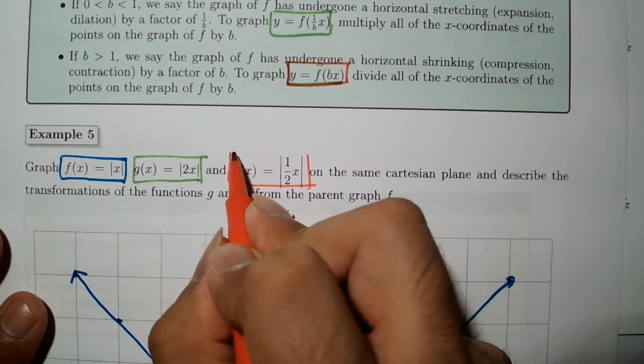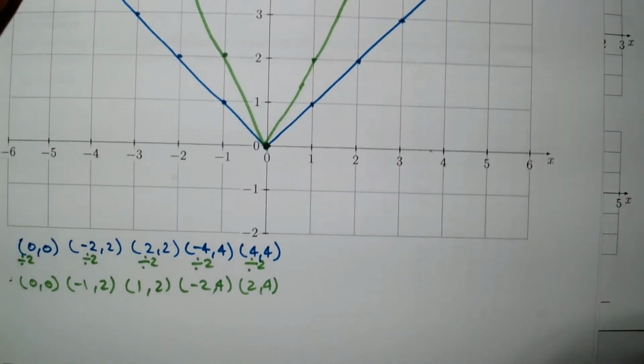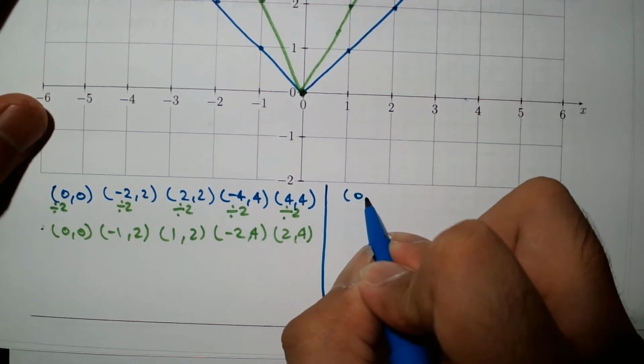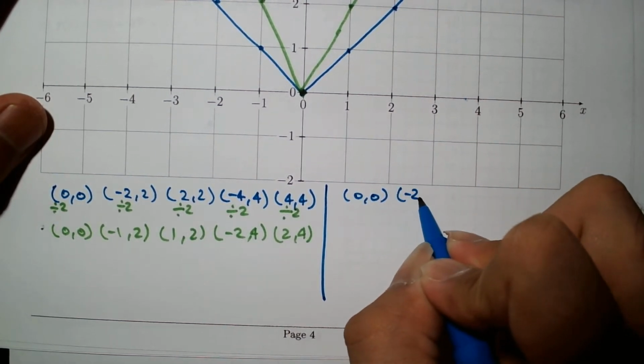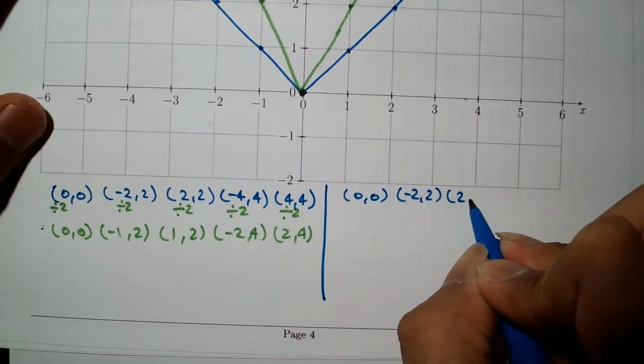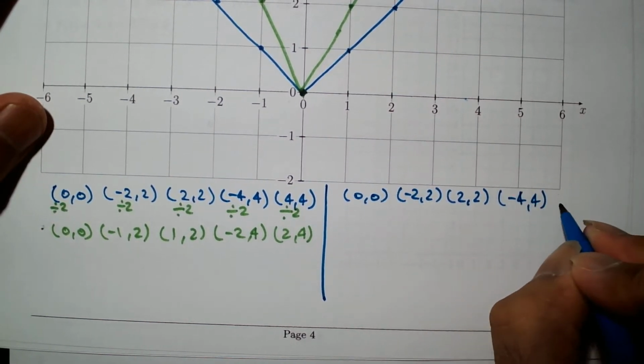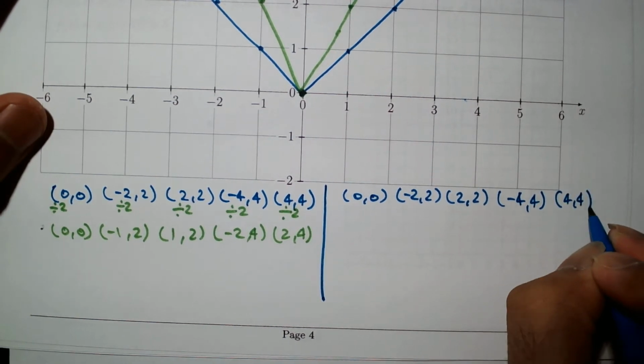Now let's look at the graph in red. I'm going to write these points again. 0, 0, negative 2, 2, 2, 2, negative 4, 4, 4, 4.